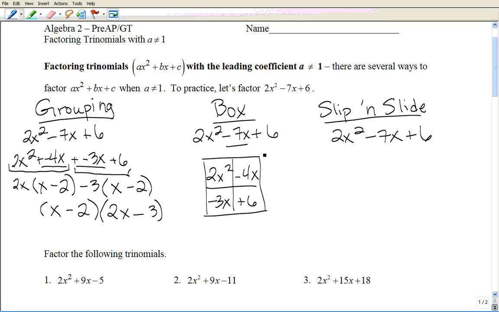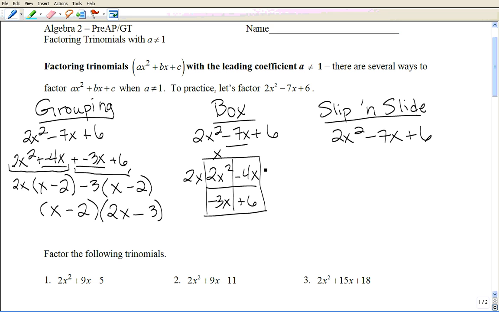So we need to fill in the outside edges. So if we look across this first row, what is the greatest common factor here? Well, it's a 2x. And looking at the first column, what's our greatest common factor? It's an x. And to double check what we've done here, 2x times x is 2x squared.